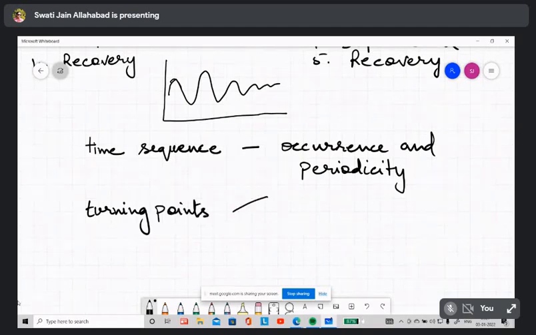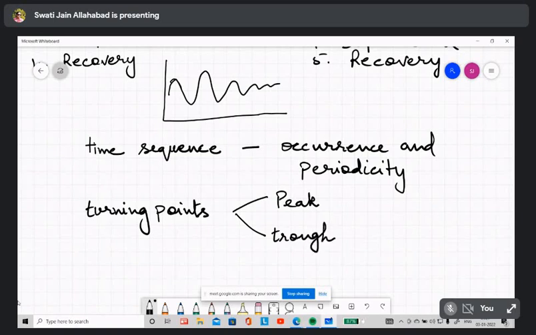There are two turning points: peak and trough, the upward turning point and the downward turning point. Peak is the highest point of the trade cycle, business cycle or cyclical movements.